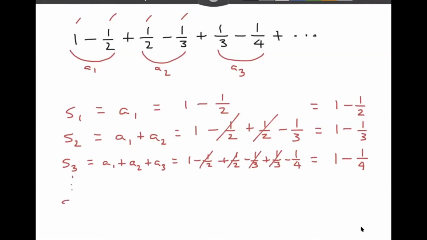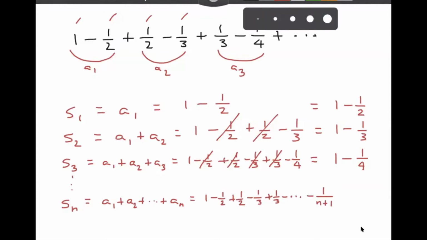The nth partial sum then, which is A1 plus A2 plus and so on all the way to A sub n, that would be 1 minus 1/2 plus 1/2 minus 1/3 plus 1/3 until, let's see, at the end you would have a minus 1 over n plus 1. Right?